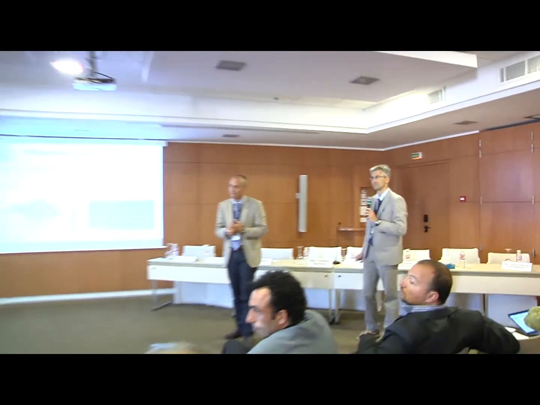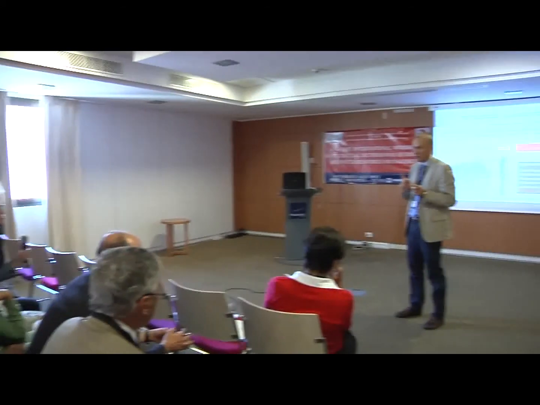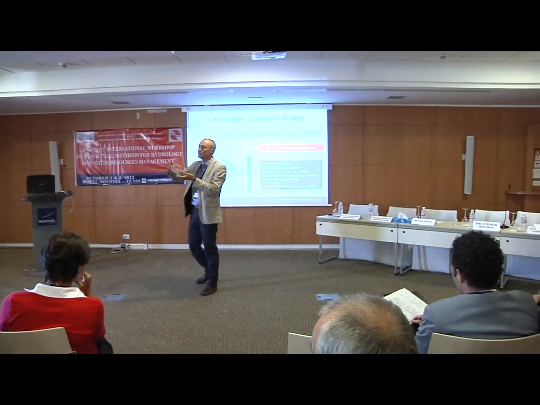Julie, your question? Yeah, I was wondering why you use only two covariates, X and Y, from the canonical correlation analysis. Actually, there are already tools that develop kriging in a three-dimensional space. So we could have used even U1, U2, and U3, explaining even more.